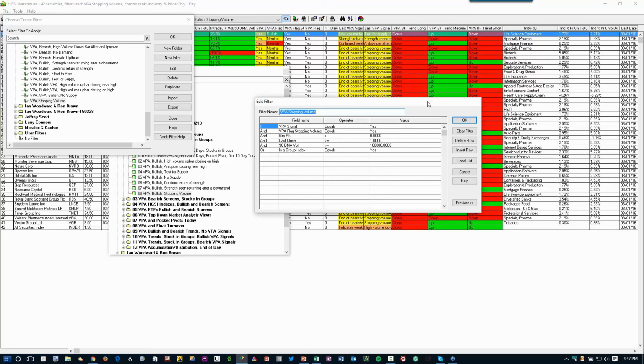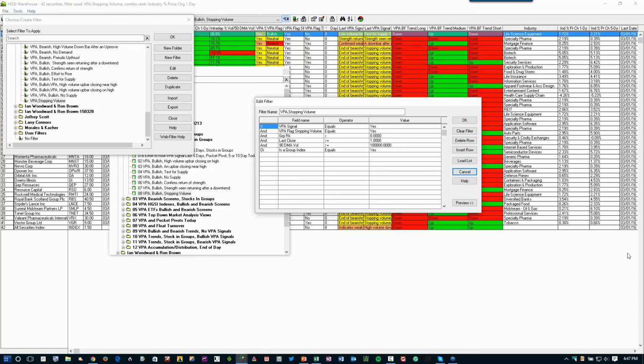You know, before noon, I would say the signals are questionable at best. And so that's how you basically can filter on it. There's a bunch of the flags that have been made into warehouse fields and filters.